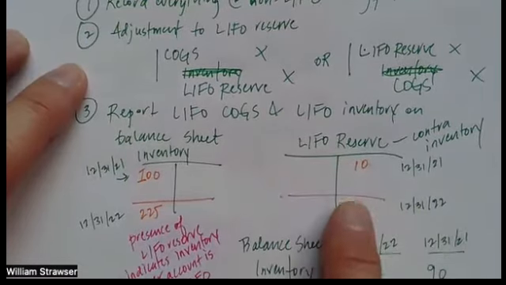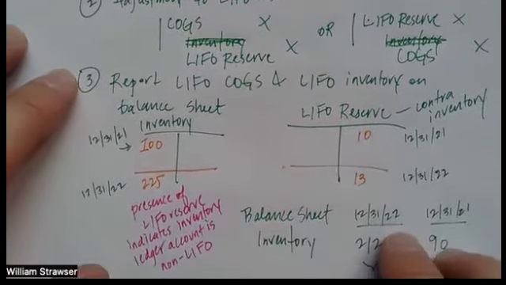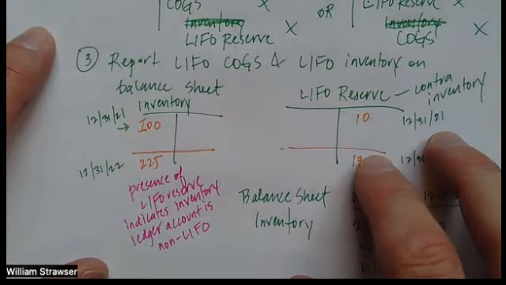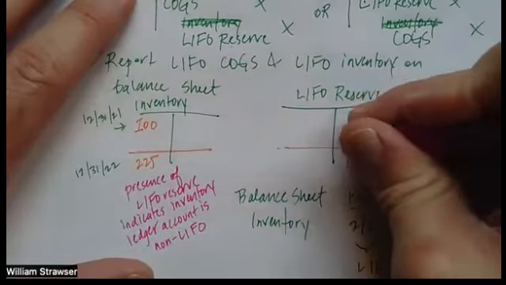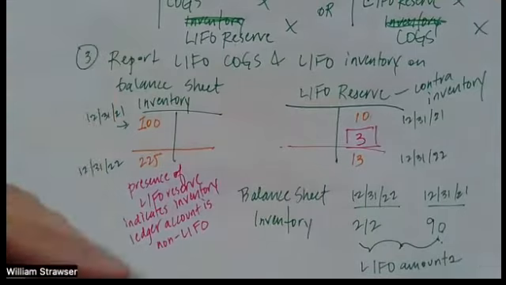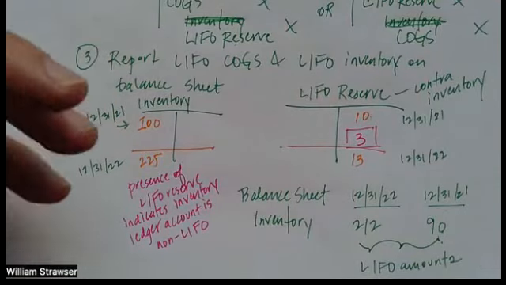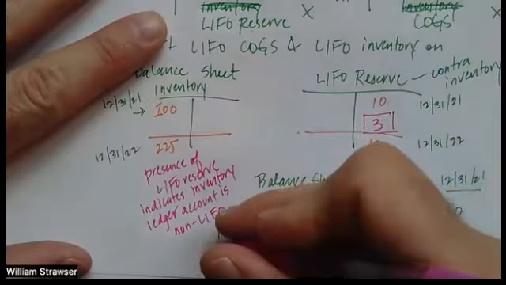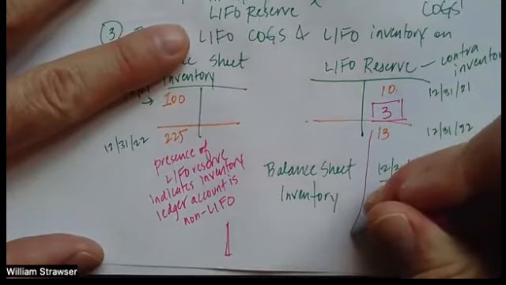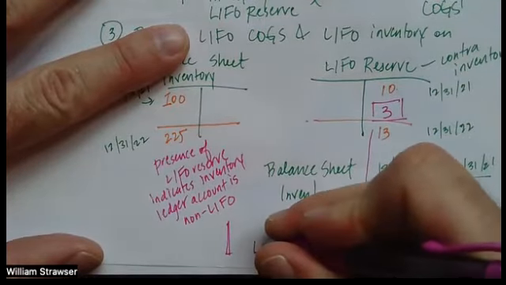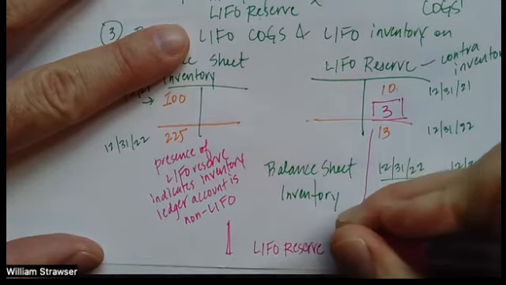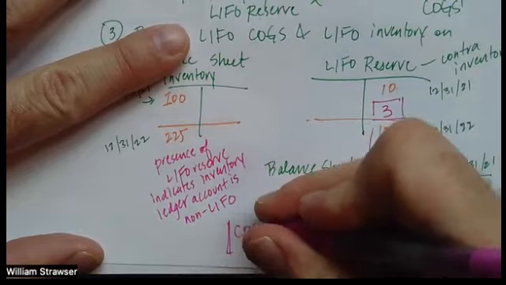All right, so how does this report LIFO COGS? Well, in this example, my LIFO reserve went from 10 to 13, which means I must have had an adjustment of $3, a credit of $3, to make that movement occur. To put that $3 in there, I would credit the LIFO reserve by $3 and debit cost of goods sold $3.